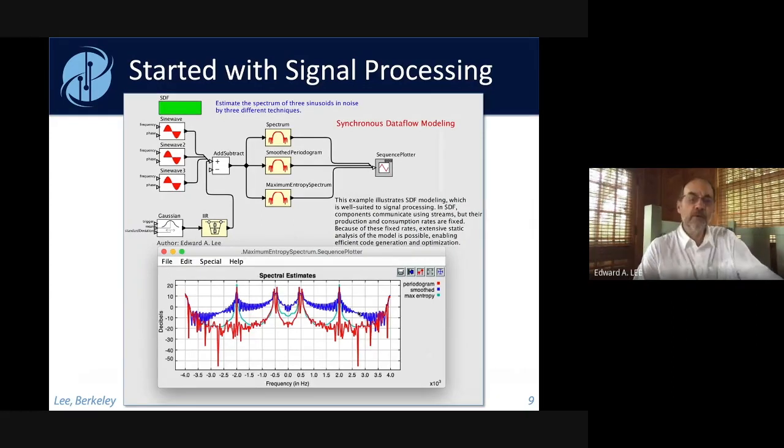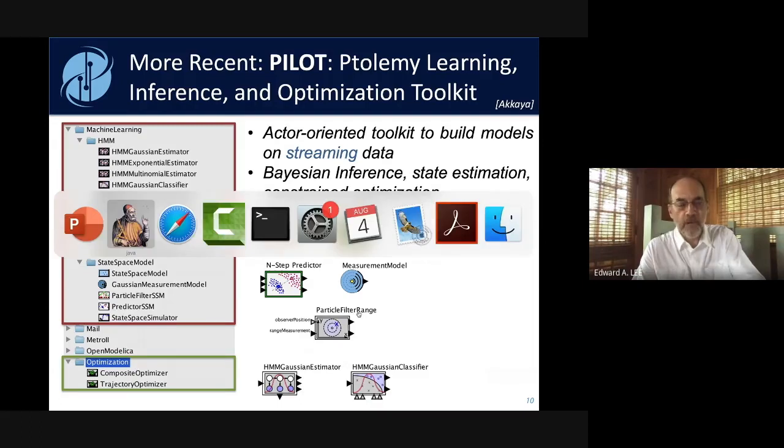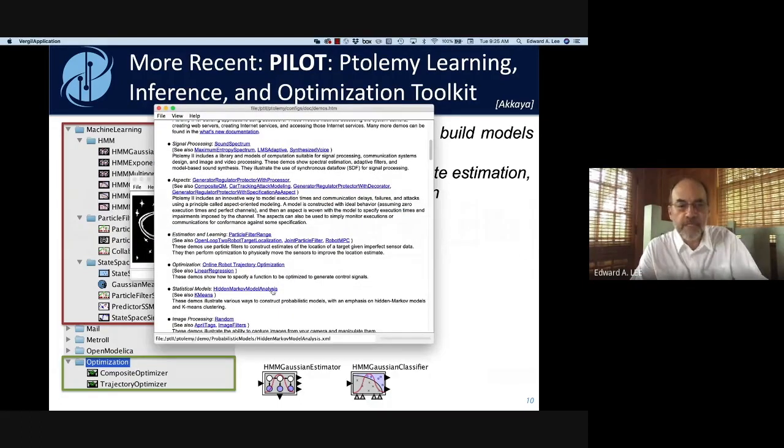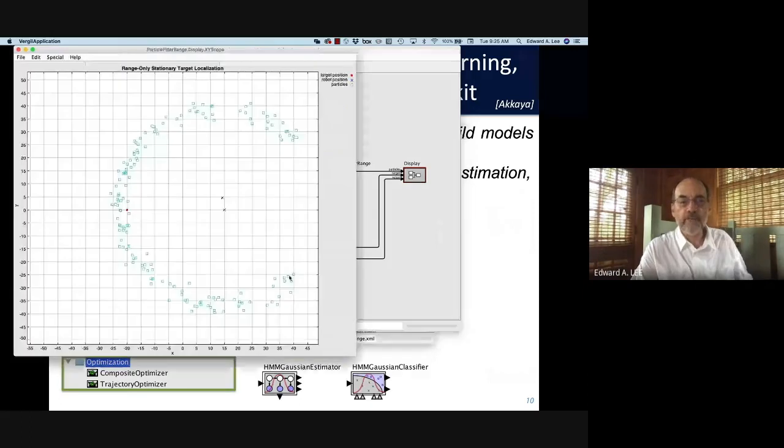So yes, when we started the project 26 years ago, it had a very strong emphasis on signal processing, and to some degree that has held throughout the project. So for example, one of the more recent efforts is to build a library of machine learning and inference capabilities.